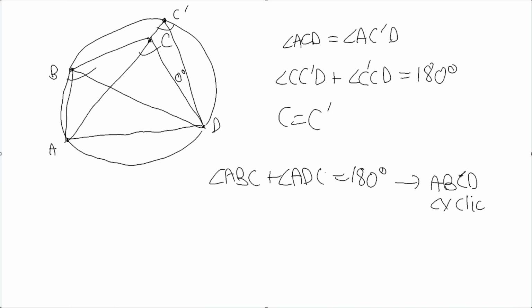But you must be careful here, because if the points are not in order, suppose that this is A and this is D, then B, then C down here, then these two angles can be the same, but the quadrilateral is not cyclic. C and B have to lie on the same side of AD. We'll figure out a way to resolve this in the next video, but for now we just have to be very careful about configurations.